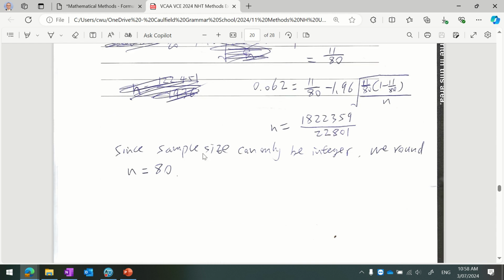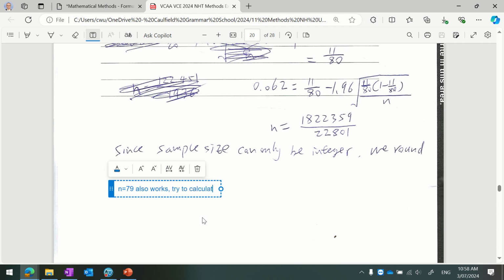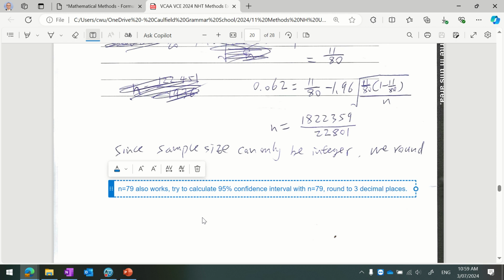Okay, so let me actually add it here. N equals 79 also works. Try to calculate the 95% confidence interval with n equals 79, round to 3 decimal places.